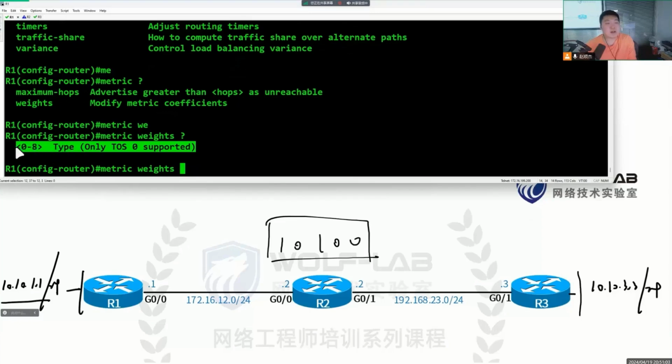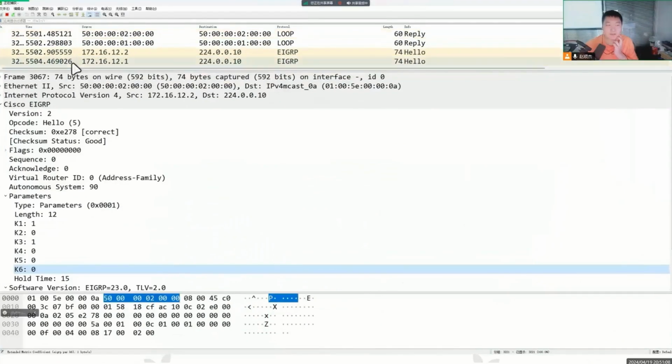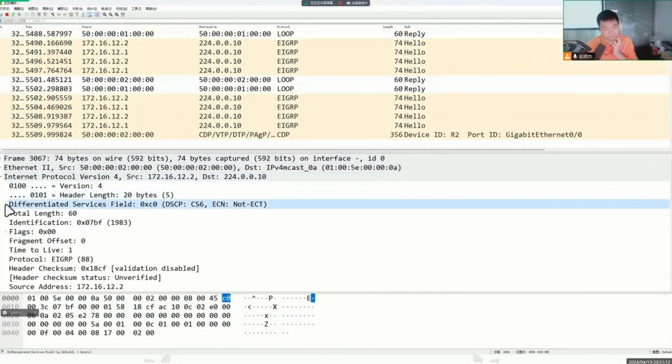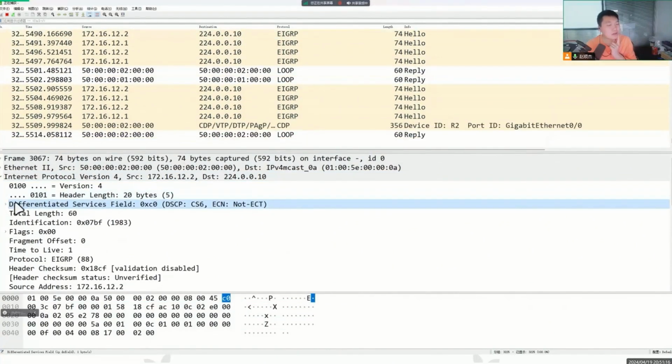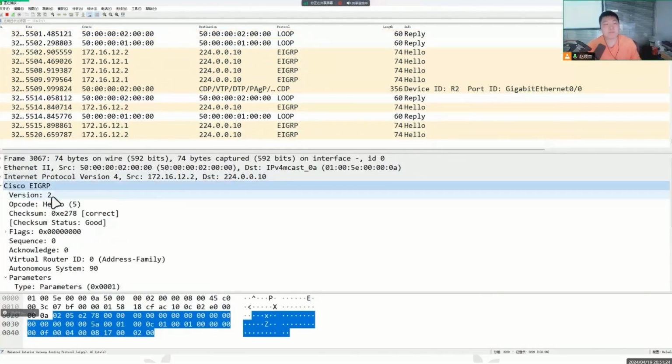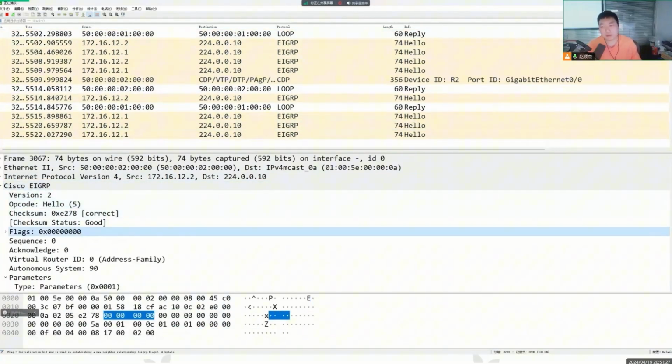We actually mentioned TOS in the CCNA IPv4 section. In the IPv4 header there is such a TOS field, called type of service.